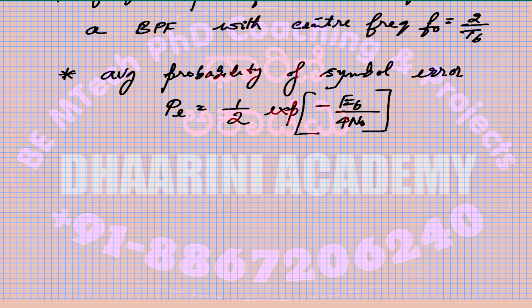The next concept, before going to non-coherent FSK and PSK, we need to look at a special, completely different type of receiver. For FSK, we are sending two different signals, S1 of t and S2 of t.